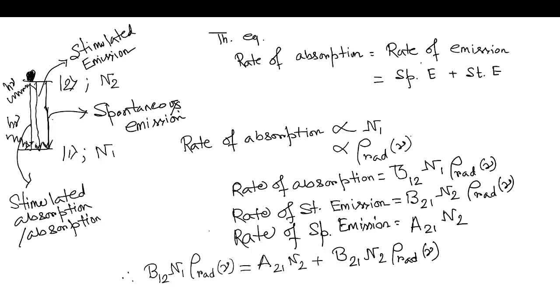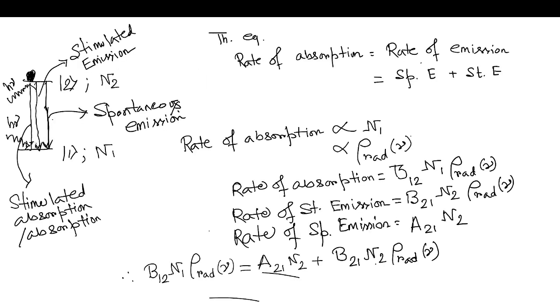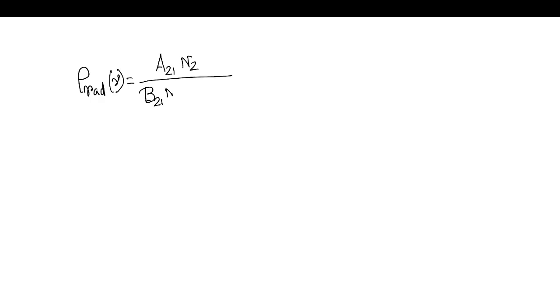Now if I rearrange it, what will we get? A2 to 1 times N2, minus this, and then divide by this.